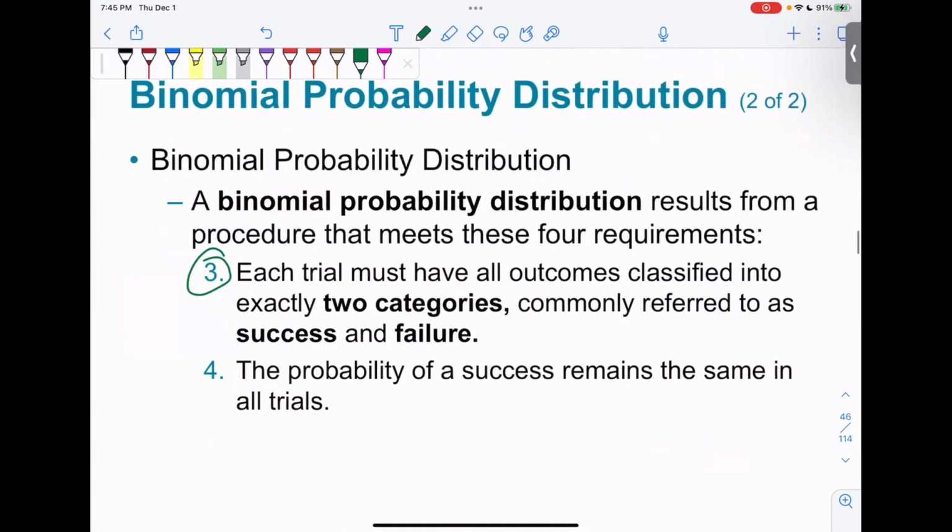Three, the outcomes must be classified into two: success and failure. Head or tail. If our X is the number of heads, then success is having a head and failure is having a tail. Here the words success and failure don't mean that one is good and the other is bad.